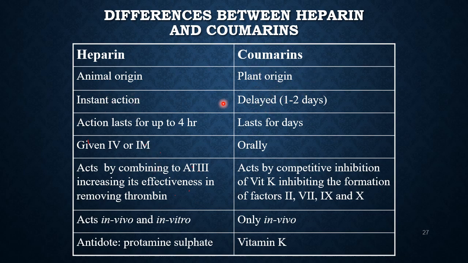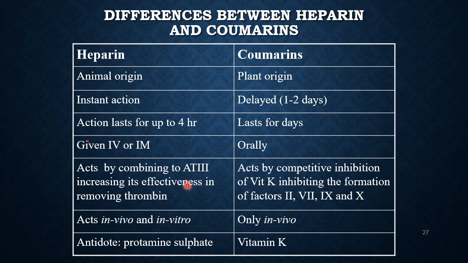The onset of action: heparin is fast onset, while this one is slow onset, taking 1 to 2 days to be activated. This is what we call potency, the amount of time that the drug lasts in the human system. Heparin lasts for a small amount of time, up to 4 hours. This one lasts for days. This is the method of administration.